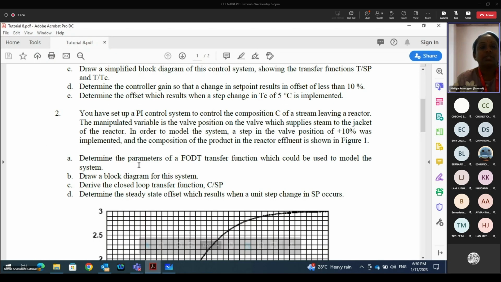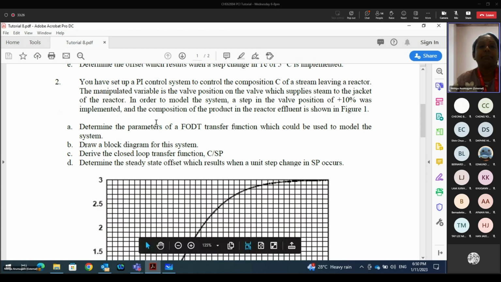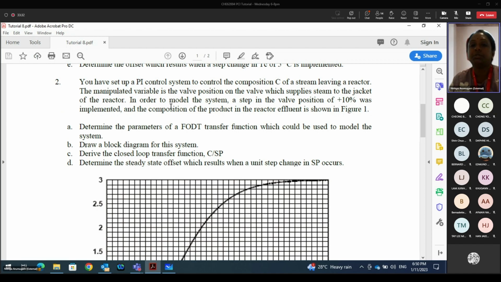All right, so second question: you have set up a PI control system. Earlier it was a P control system, so now a PI control system to control the composition C of a stream leaving a reactor. The manipulated variable is the valve position on the valve, which supplies steam to the jacket of the reactor.